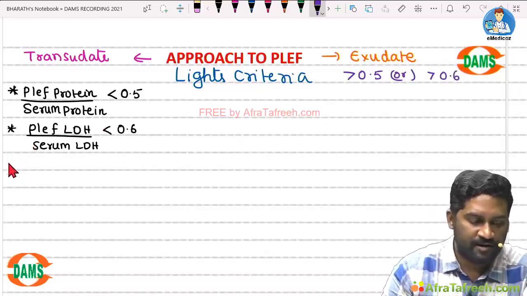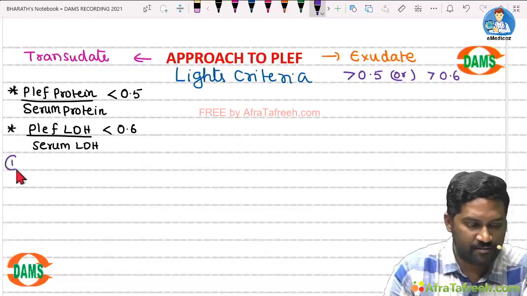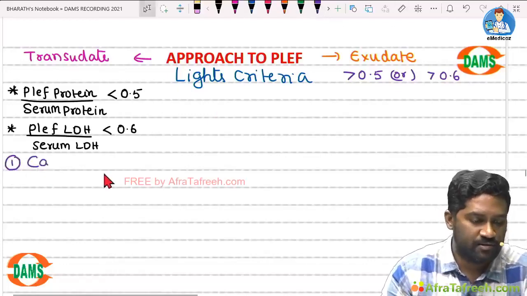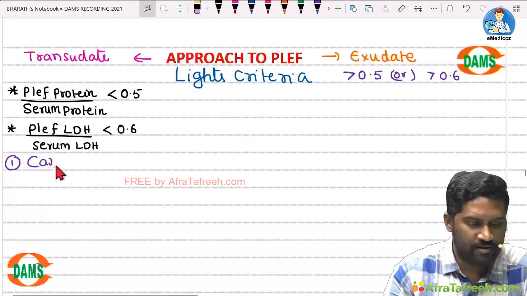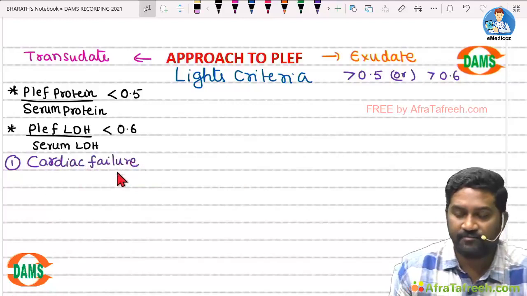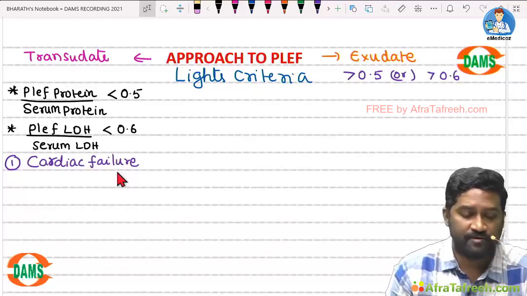Now if it is a transudate, life is very easy because the majority will be systemic causes. The most important system is your cardiac system. When it is involved, there can be cardiac failure responsible for pleural effusion.